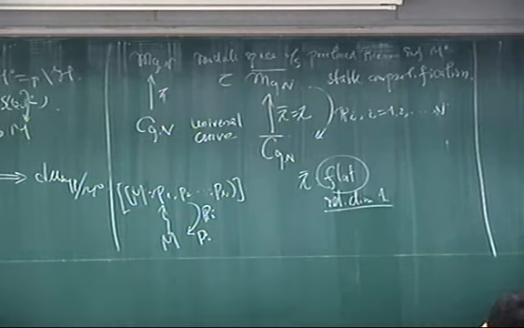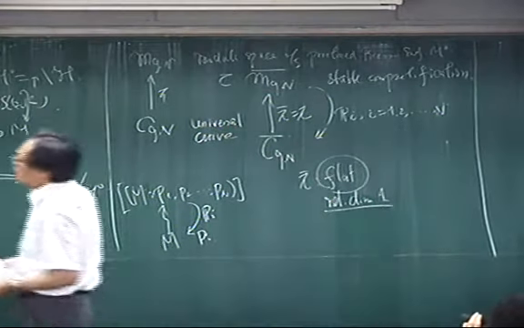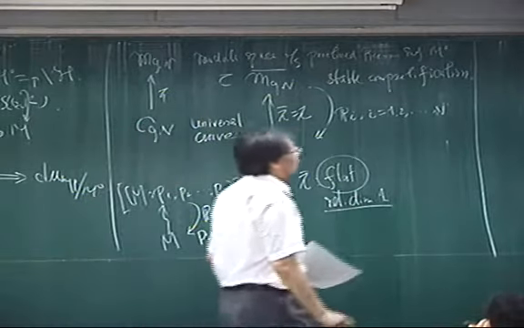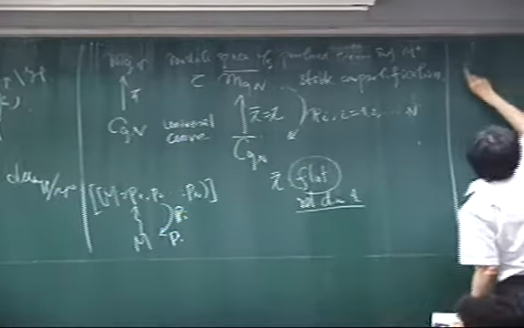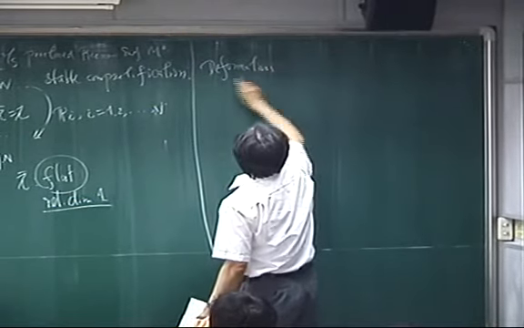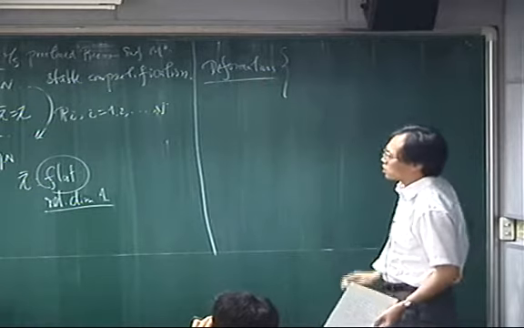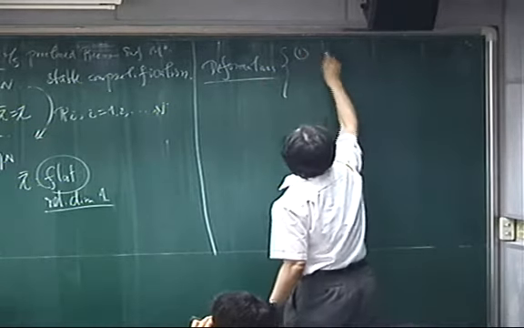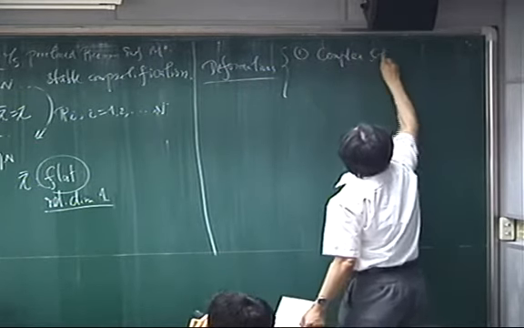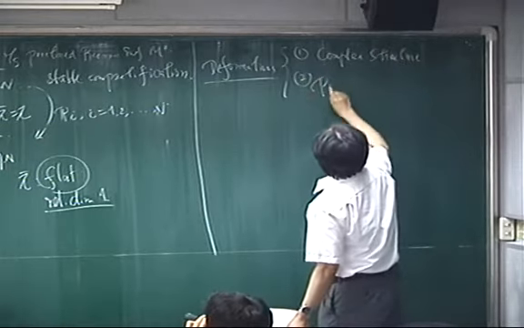So as you can see, because of this M and those punctures, classically you have two types of deformations associated with this punctured Riemann surface. One is, of course, the complex structure. The other will be the punctures.